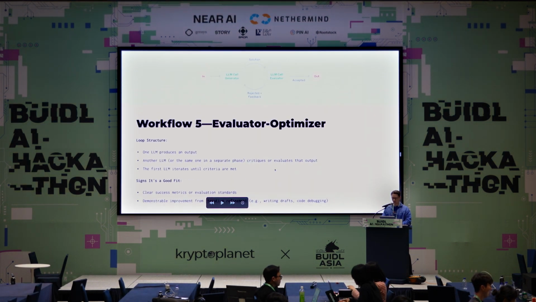The next workflow is evaluator optimizer, and this is a workflow that can be actually powerful if it's applicable for your particular task. In here we have one LLM trying to resolve the problem, and the other LLM with another prompt trying to criticize the solution and provide feedback for it.